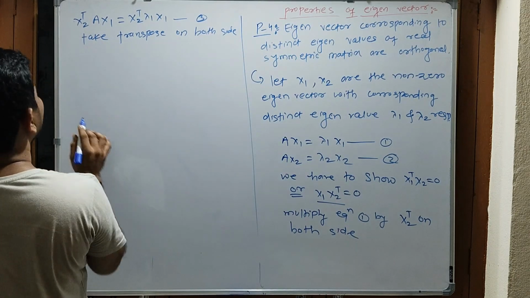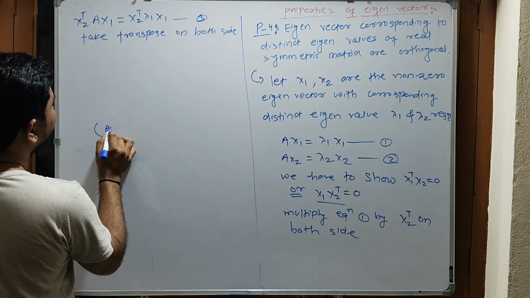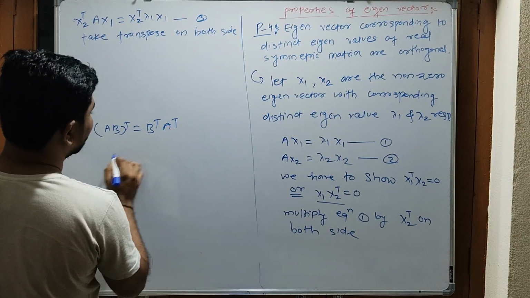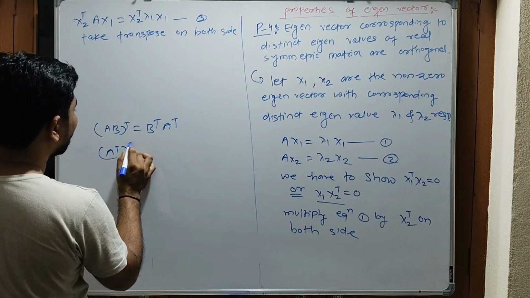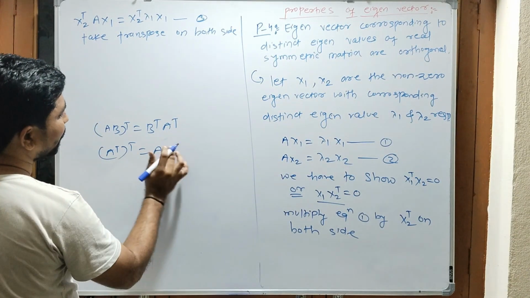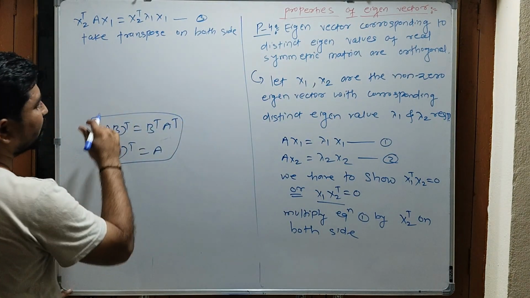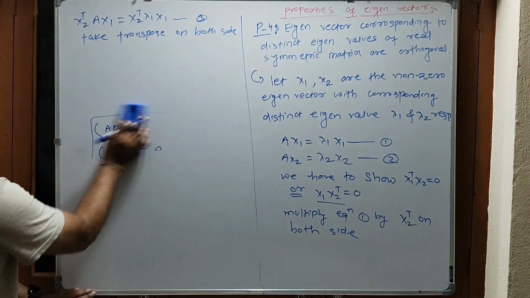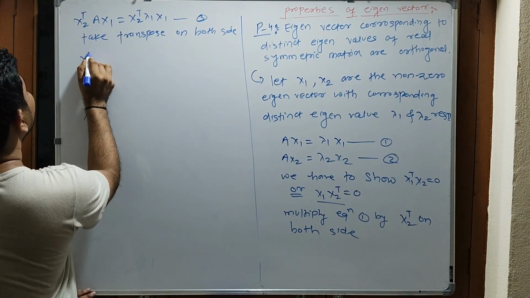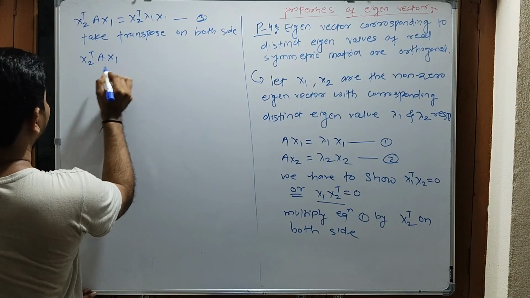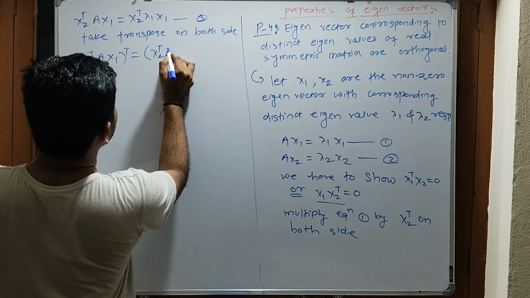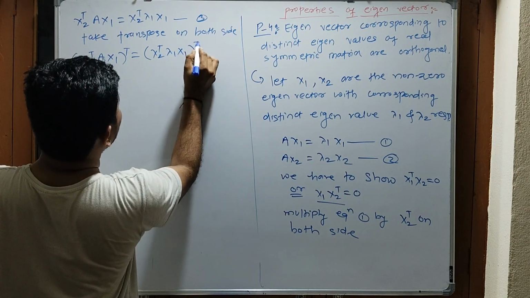We know the properties of transpose: (AB) transpose is B transpose A transpose, and (A transpose) transpose is simply A. I will use these two properties. Taking the transpose on both sides: (x2 transpose A x1) transpose equals (x2 transpose lambda 1 x1) transpose.